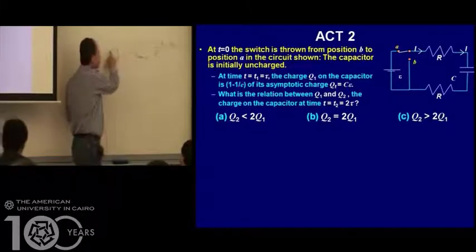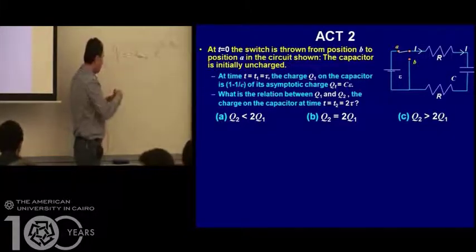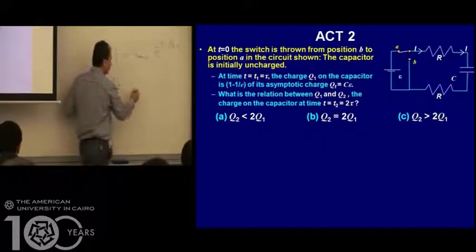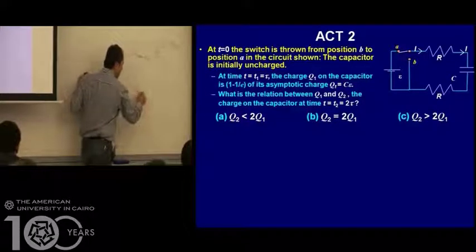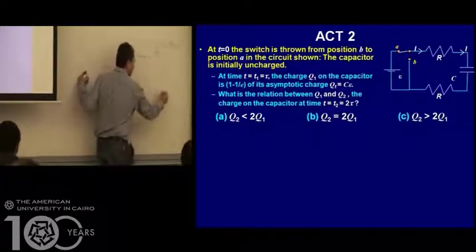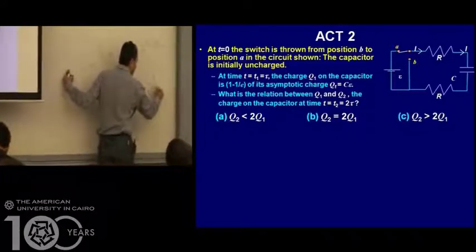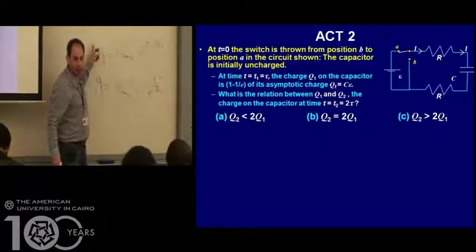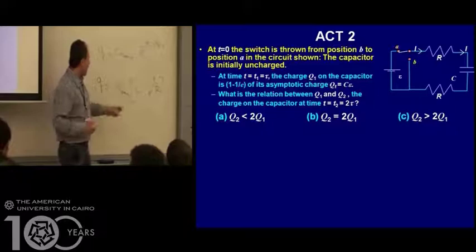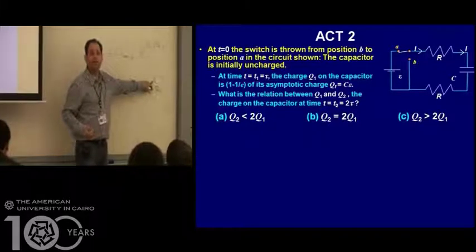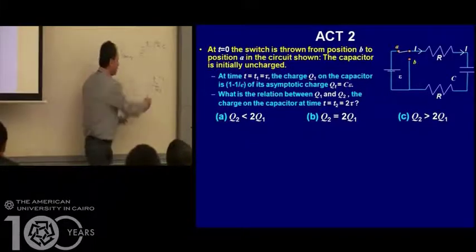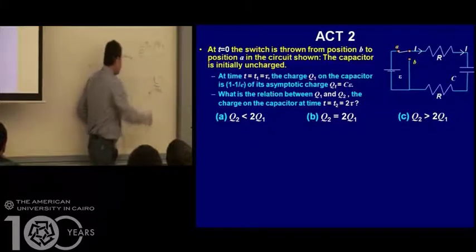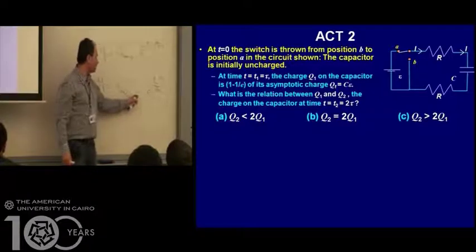For charging, Q will equal Q maximum times 1 minus e to the power minus t over RC. I'm saying that at time equal to tau, which is RC, this quantity is going to be 1 over e. So Q will equal Q maximum times 1 minus 1 over e.